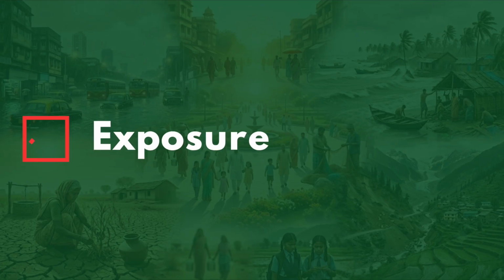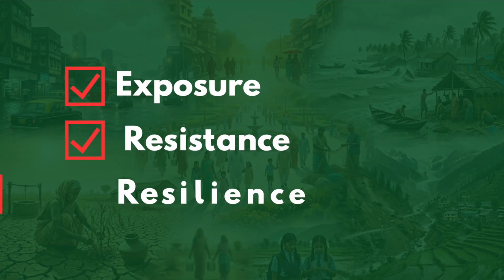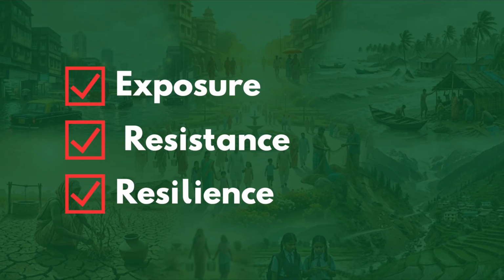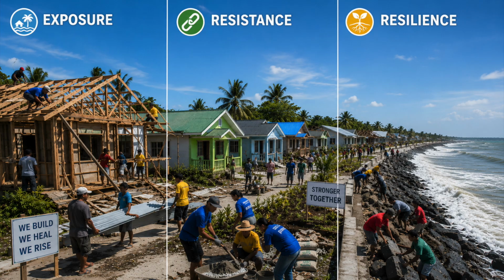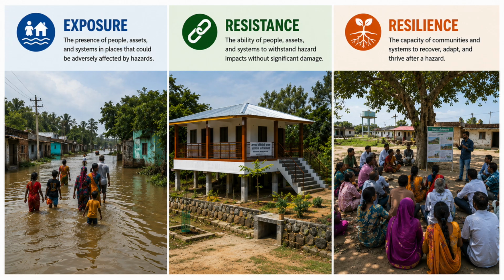These are the three principles that people typically use to explain the concept of vulnerability. These three parts make up most vulnerability evaluations. The basic idea stays the same, even though the words and the terminologies may change a bit from one field to another.